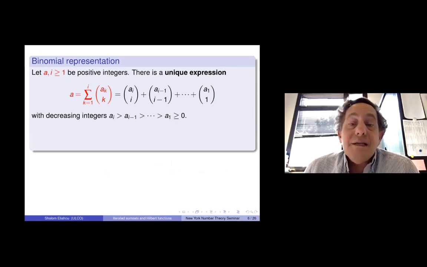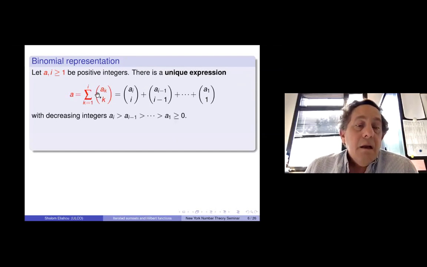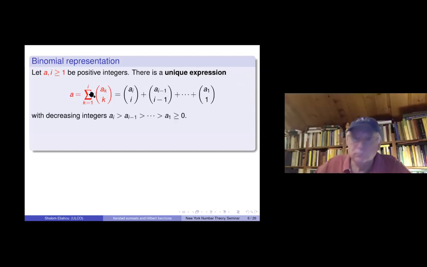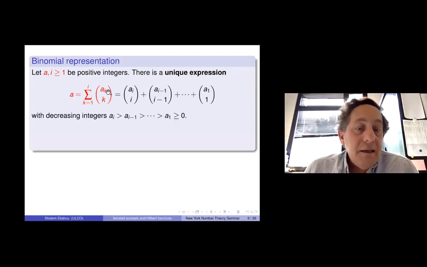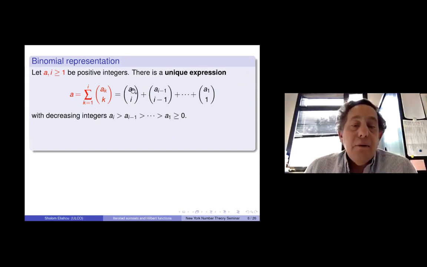Then there's a unique expression of a as a sum of i binomials, a_k over k, where k just goes from i to i minus 1 to 1. And on the top, those integers are decreasing non-negative integers from a_i to 0. So there is a unique expression.